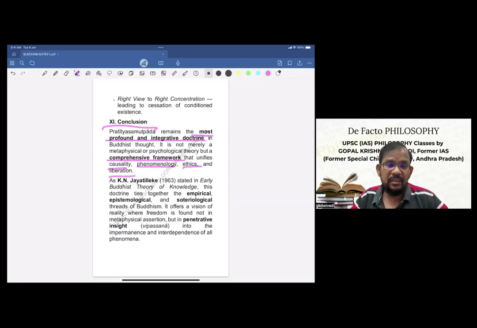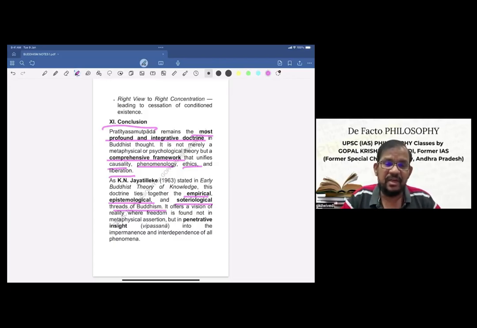Then one thinker, K.N. Jayatilleke, stated that this doctrine ties together the empirical, epistemological, and soteriological threads of Buddhism. So basically, it is empirical and epistemological as well as soteriological. Soteriological means the process of attaining moksha or liberation is soteriology. So in that sense we should understand.